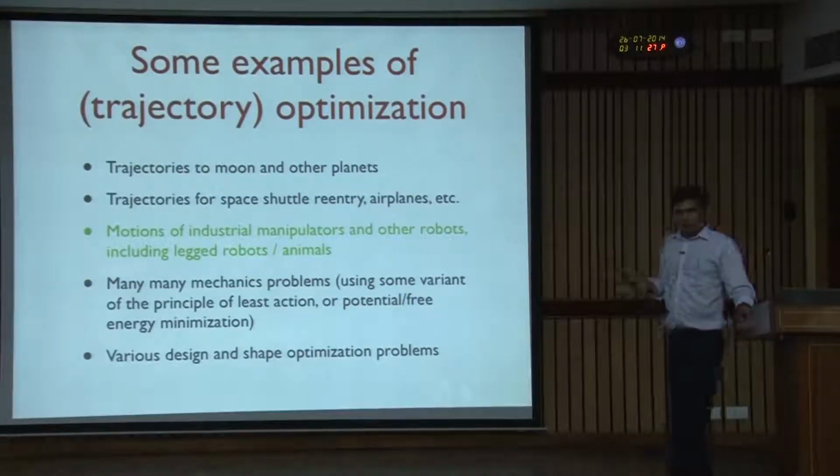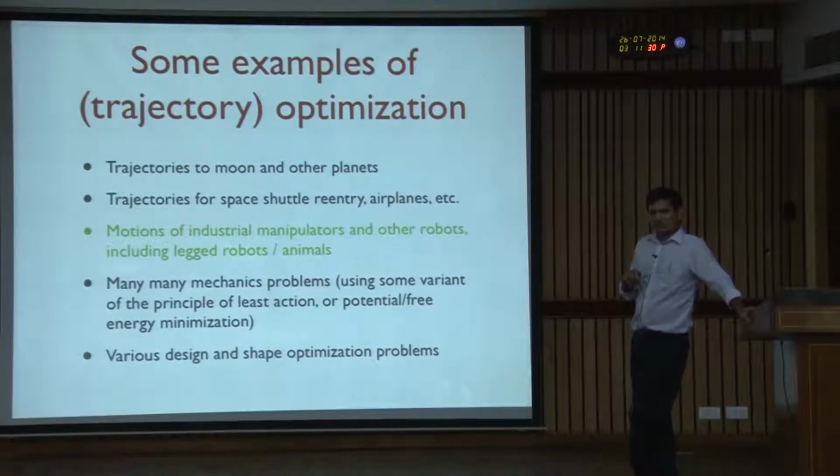So, of course, this idea of trajectory optimization, in other words, trying to find the optimal trajectory of a mechanical system or some other system, is not specific to legged locomotion. Of course, that's just one example. You can list 20,000 examples, but here are some maybe prominent ones. You can design, for instance, trajectories to go to the moon or other planets. You have a rocket and you want to get from Earth to the moon with the least amount of fuel.